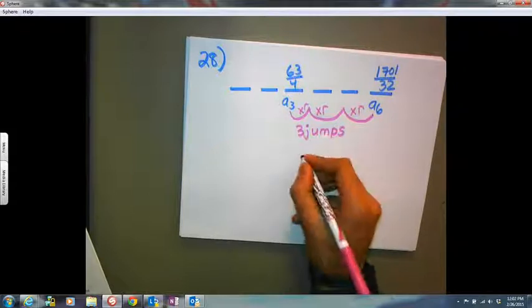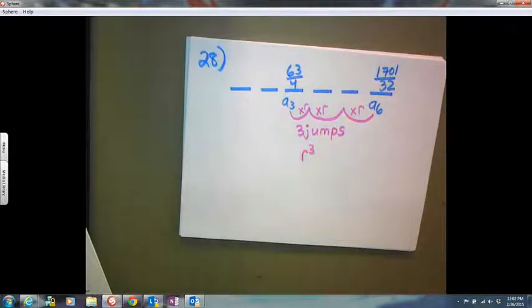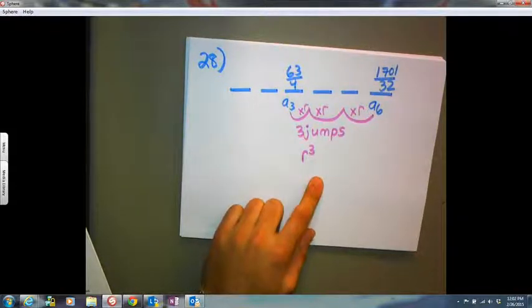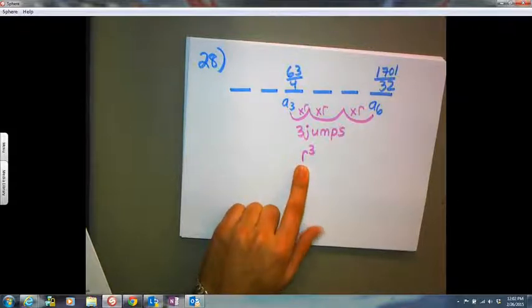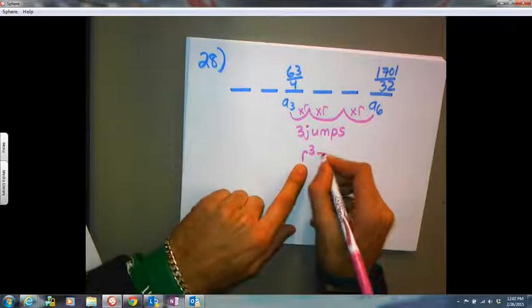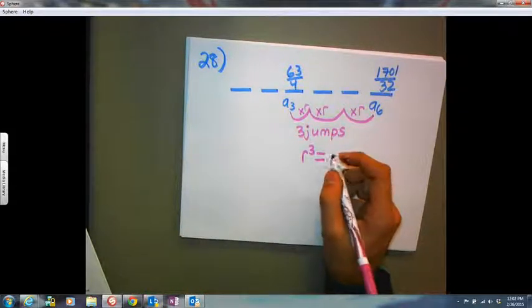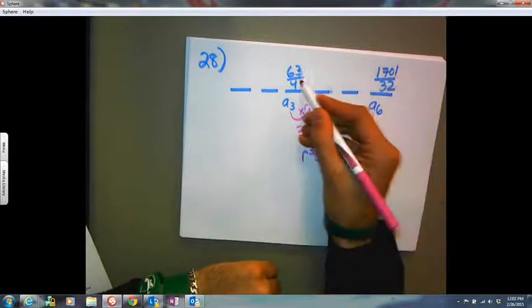This is the difference between geometric and arithmetic. With arithmetic, we did like 3 times the common difference, or 8 times the common difference. Now we're doing the ratio cubed. That's equal to, with arithmetic, it was this minus this. Now it is this divided by this.